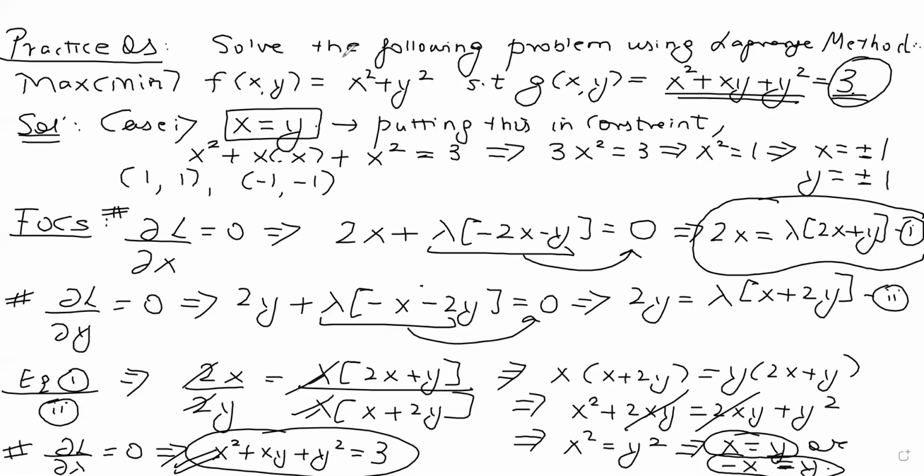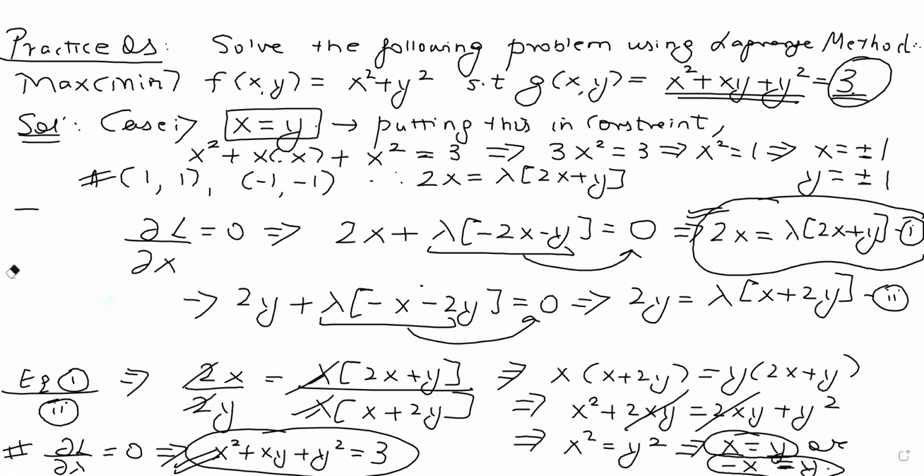Suppose x and y both are equal to 1, then how can I solve this? So if I use this equation, guys, 2x is equal to lambda times (2x plus y), I can use this equation. Okay, so I am erasing this particular part. Let's solve this up further.